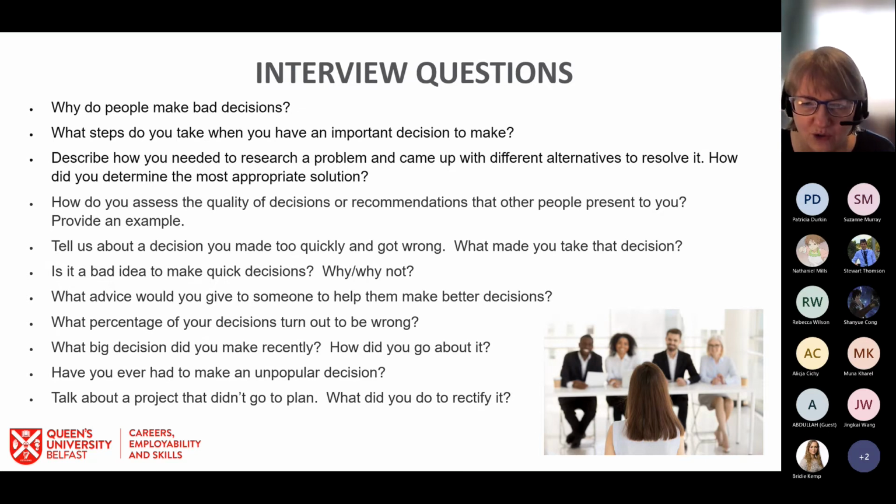But generally, you will want to show that you have analysed the evidence and evaluated all the options before making a well-reasoned decision that you can justify. So try to come up with examples that show your reasoning and how you made the decision. And if you can show benefits or positive results of your decision, then all the better.